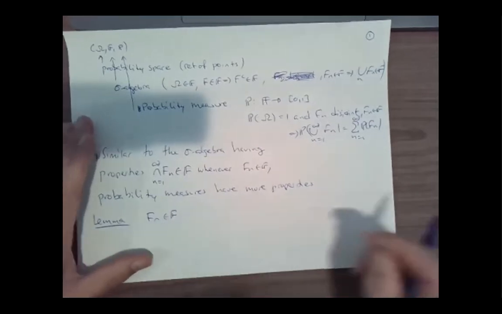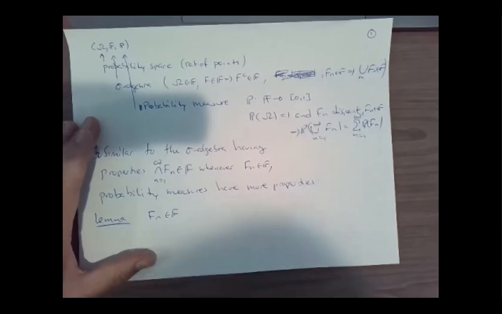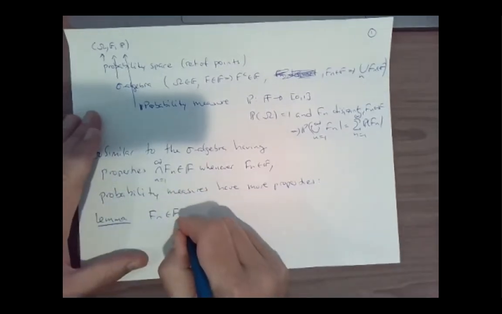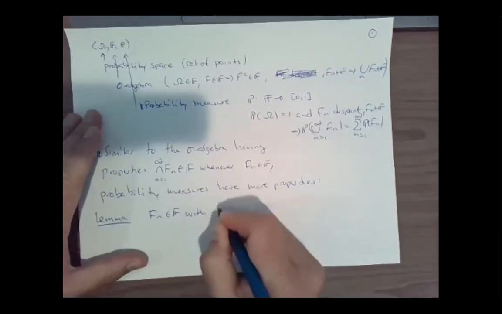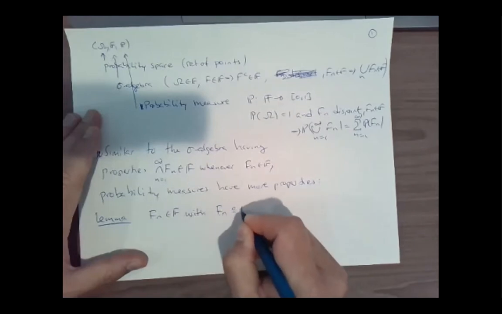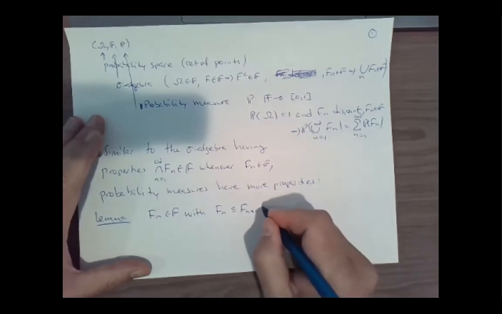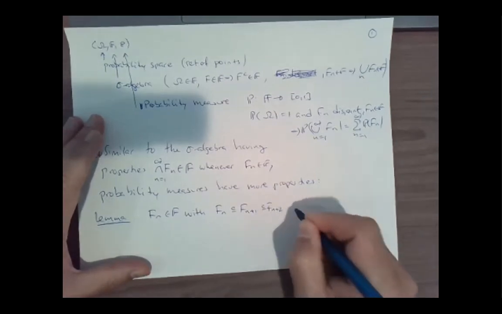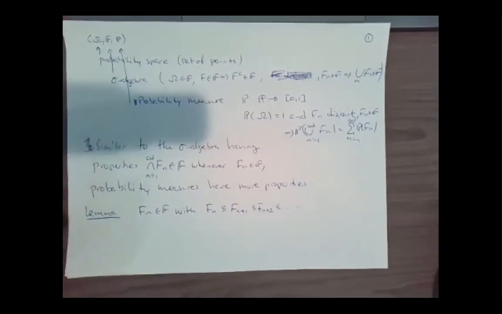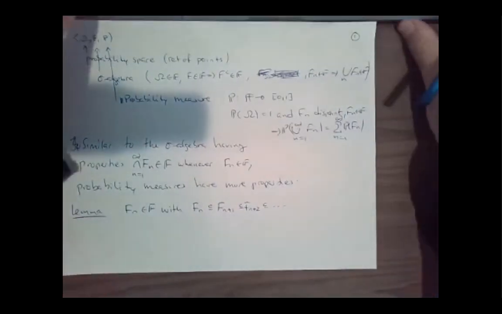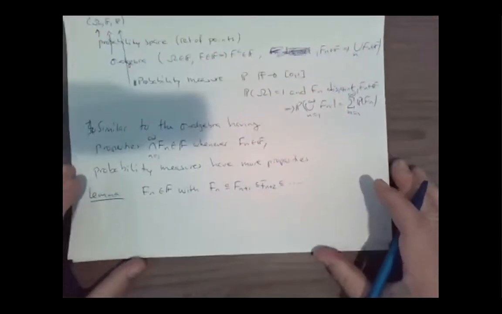Okay, so we got that. And then we take an increasing sequence. So I take Fn is inside Fn plus 1, is inside Fn plus 2, and so on. I take an increasing sequence of sets.